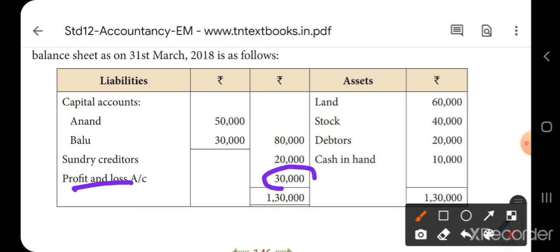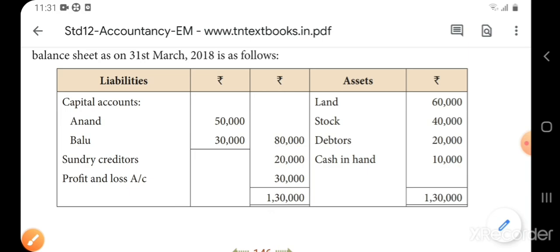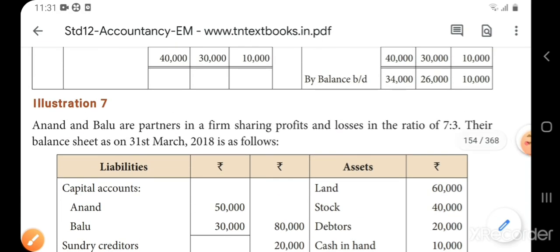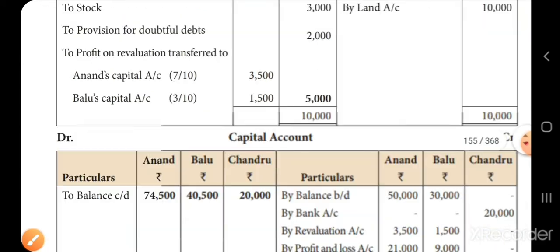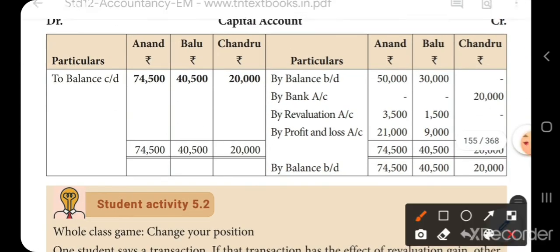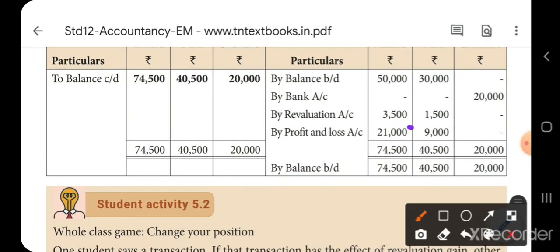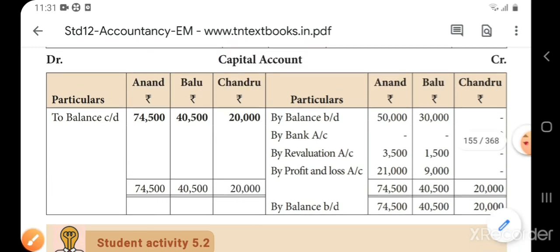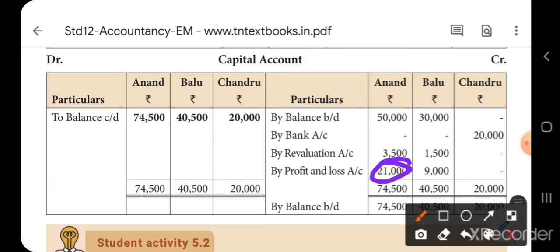So this 30,000 has to be distributed among the old partners in the ratio of 7:3. So 30,000 into 7 by 10 will go to the first partner, Anand. 30,000 into 3 by 10 will go to Babu.